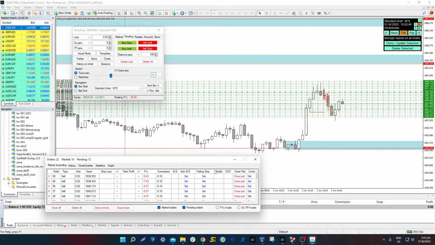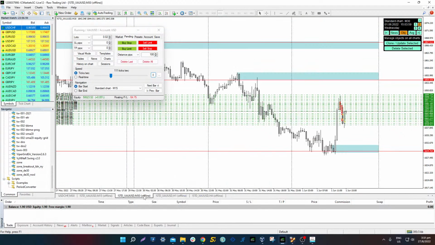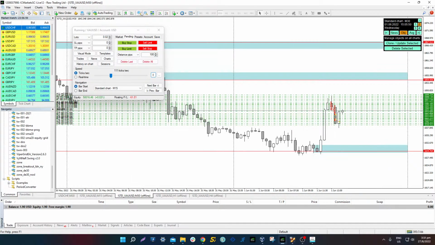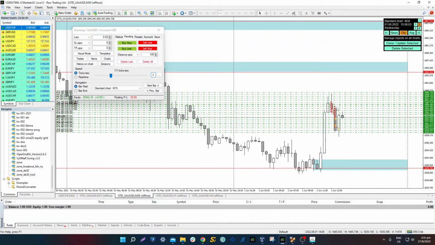Let's see how it looks on the M30. M30 is still bearish because it does not break above this candle, and if this one continues to go bearish, that will be a very good selling opportunity for us.